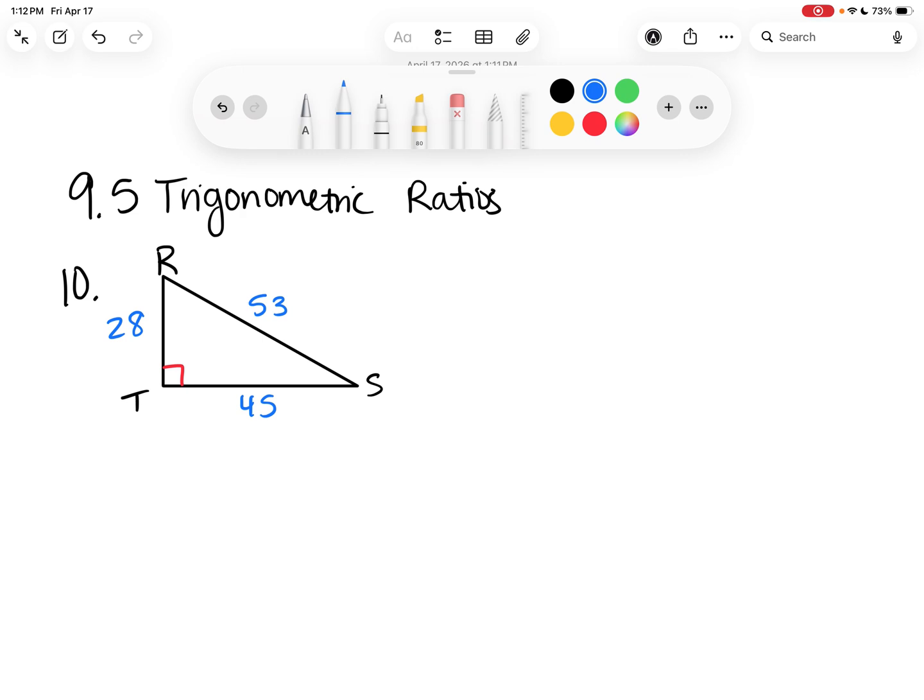Now, if you're wondering how you're going to keep straight which one is sine, which one's cosine, and which one's tangent, you may have heard this before. If you were with me in Algebra 1 last year when we very briefly hit the Pythagorean theorem, I probably said it at some point, but it's called SOHCAHTOA.